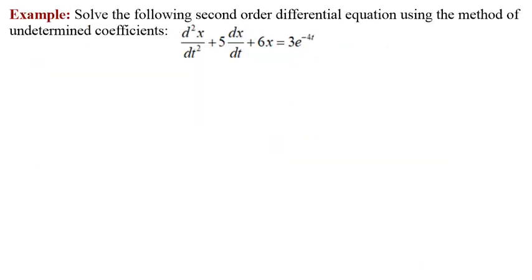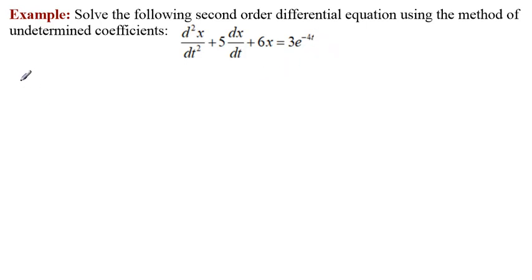So our first example is as follows. It says solve the second order differential equation, and we see that the right hand side, which is the input side of the system, is an exponential function.